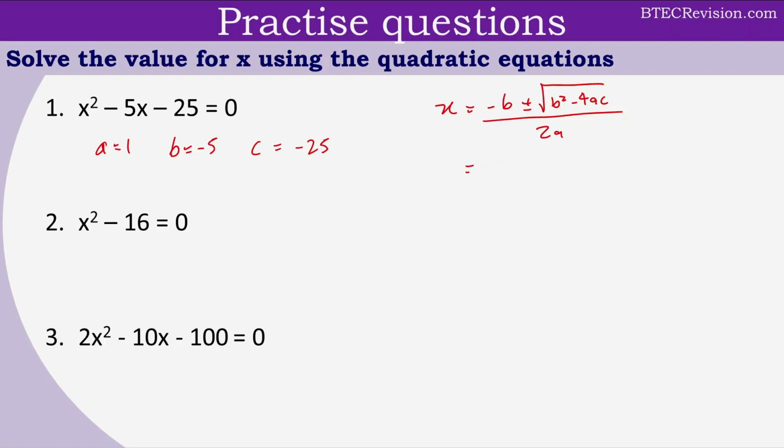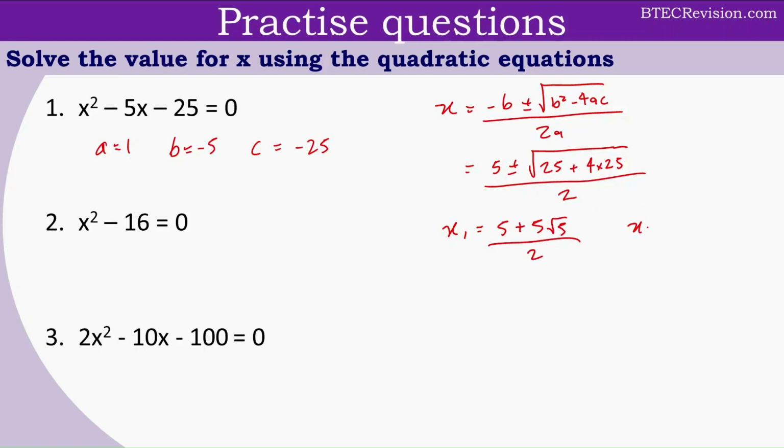Plugging these values in, we get negative b, which is 5, plus or minus square root of negative 5 squared, which is 25, take away 4 times 1 times c, which is negative, so negative times negative is positive, that's 25, all over 2a. We can see x1 is equal to 5 plus 5 root 5 over 2, and our second value, x2, is equal to 5 take away 5 root 5 over 2.